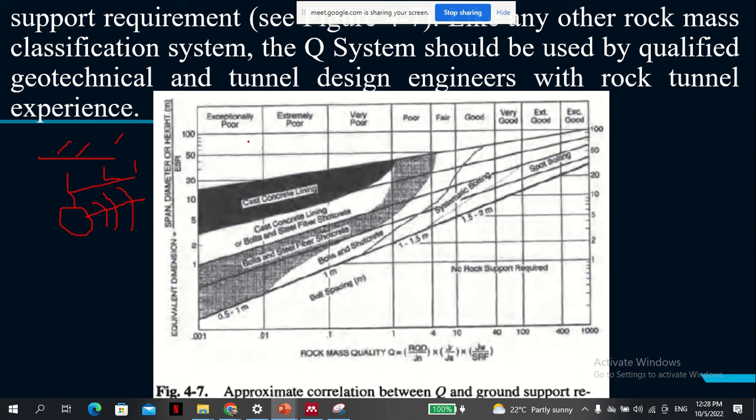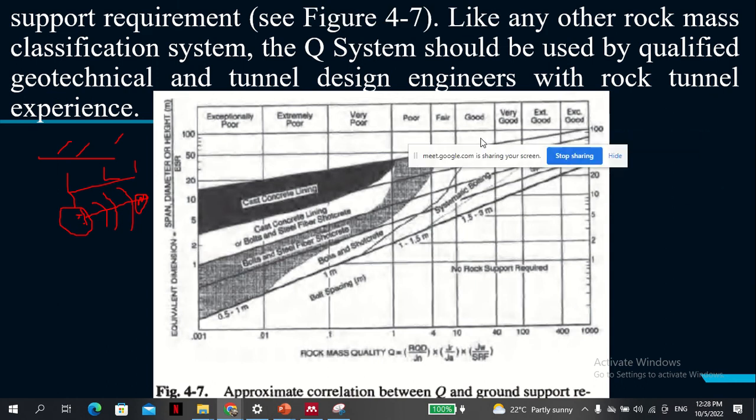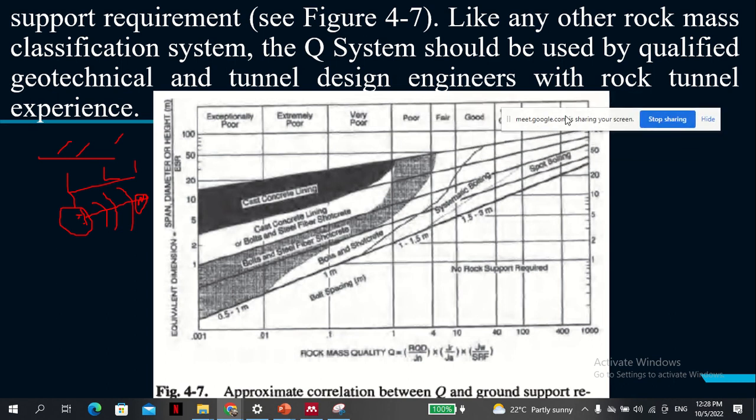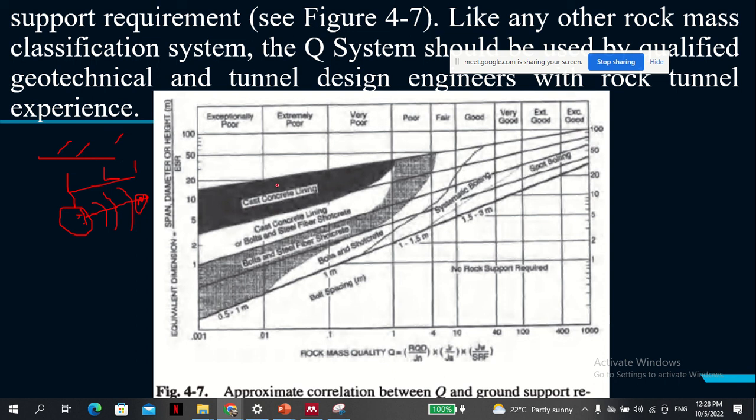So this is a good design reference, a quick reference for designers. You can design your support requirements, but like any other rock mass classification system, it should be used with a qualified geotechnical engineer, to understand the interpretation and even the limitations of this figure. But it's quite useful as a quick reference design guide.